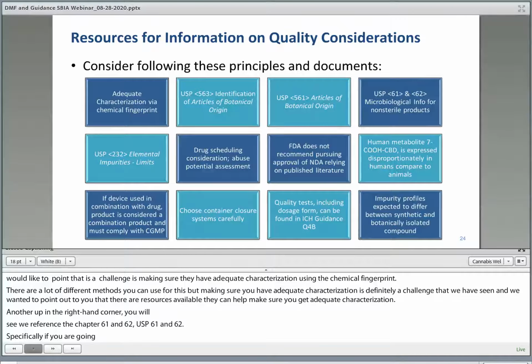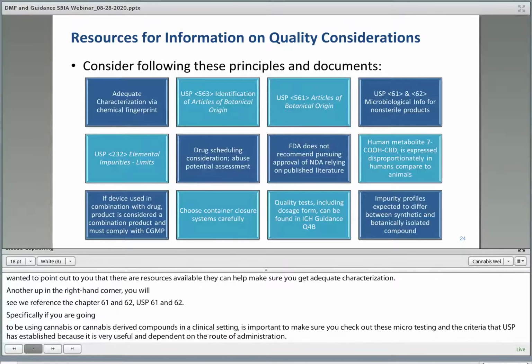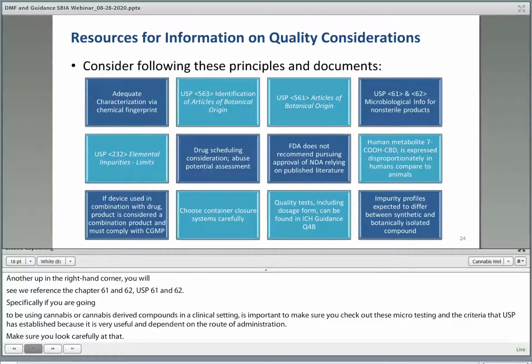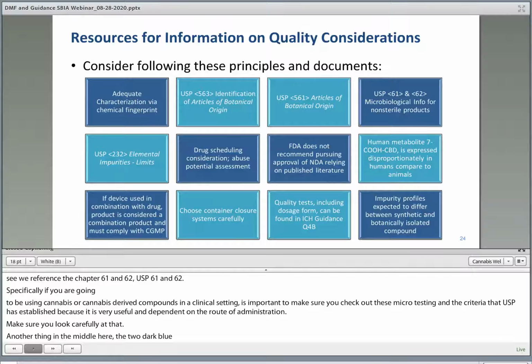Another thing in the middle here, the two dark blue squares, is drug scheduling. If you think that you might be using a product that possibly is a controlled substance, or you're not really sure, it's important to contact our colleagues at DEA.